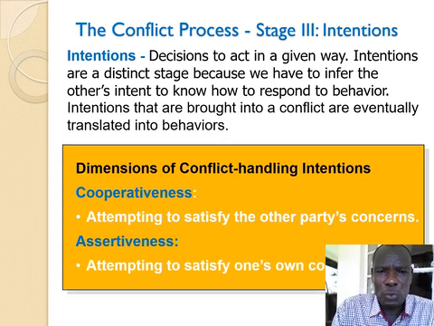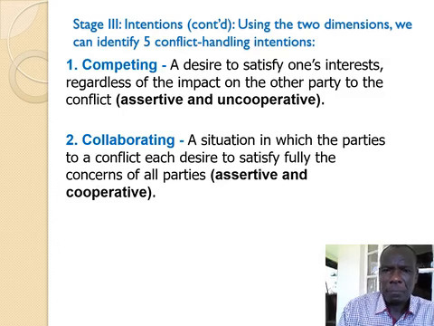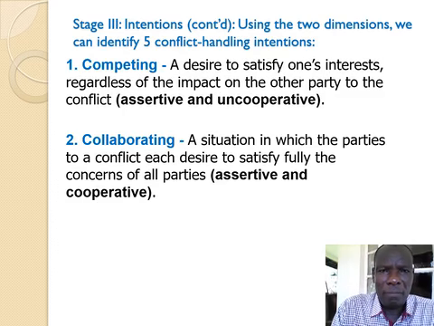So those two dimensions will help us to understand 5 different approaches to understanding conflict. So using these 2 dimensions of assertiveness and cooperativeness, we can identify 5 conflict handling intentions.